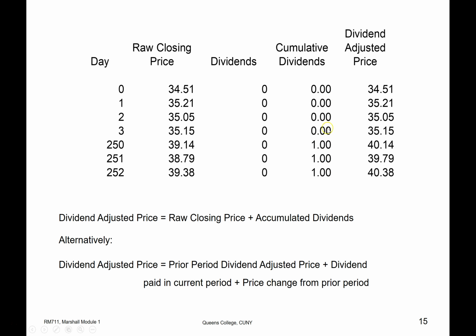You can see that ultimately over the course of the year, $1 was paid out in dividends. So the dividend adjusted price over here is the raw closing price plus all of the accumulated dividends up to that point, right? You've probably seen this if you've looked at Yahoo or Bloomberg and you look at the closing price along with the adjusted closing price. That adjustment is for dividends and other stock splits and that kind of thing.